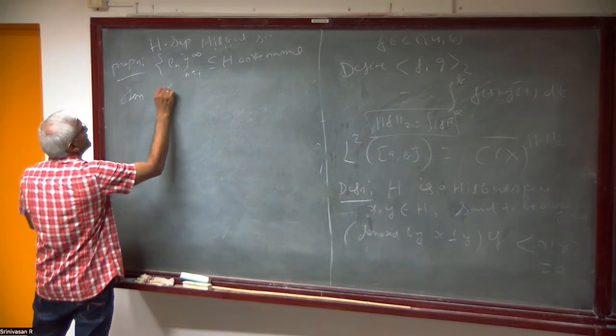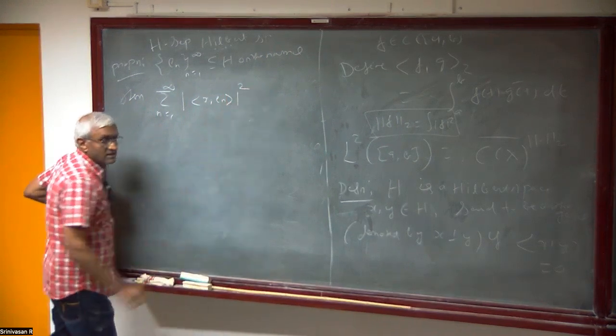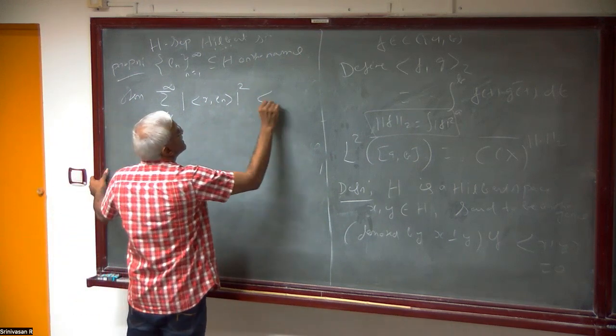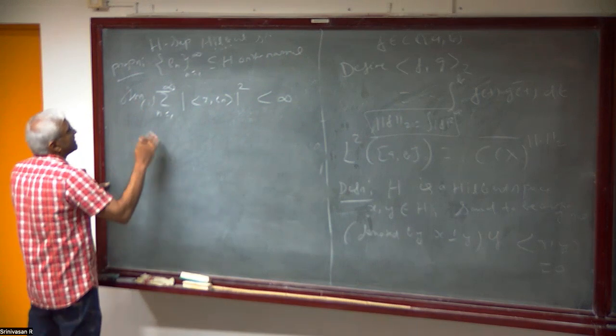the summation n equal to 1 to infinity of |(x, en)| squared, these are all complex numbers and you have taken the modulus squared, is less than infinity. I will write the consequence later.